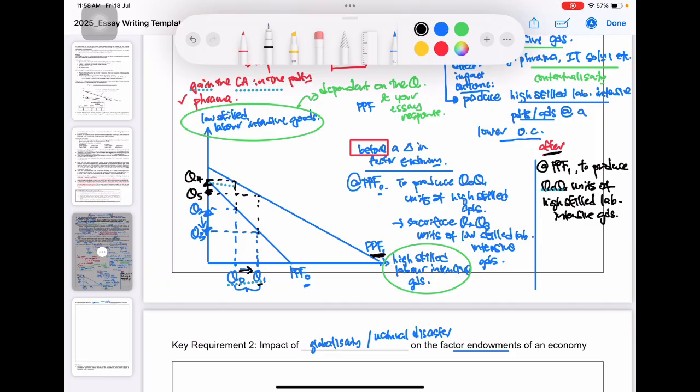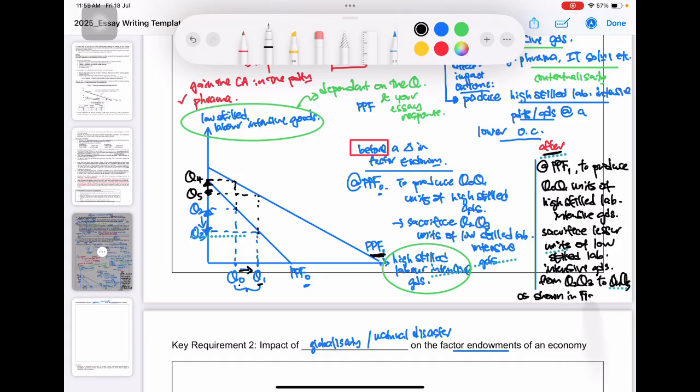Let me emphasize this in the writing. To produce Q0, Q1 units of high skilled labor intensive products, the country sacrifices lesser units of low skilled labor intensive goods, from Q2, Q3 to Q4, Q5, as shown in figure 1.